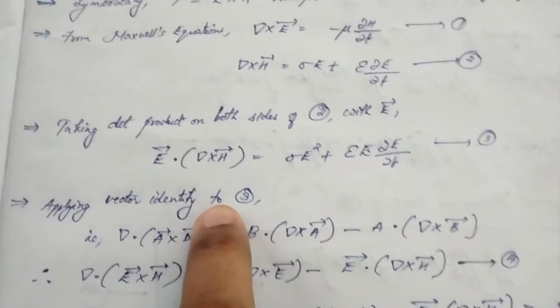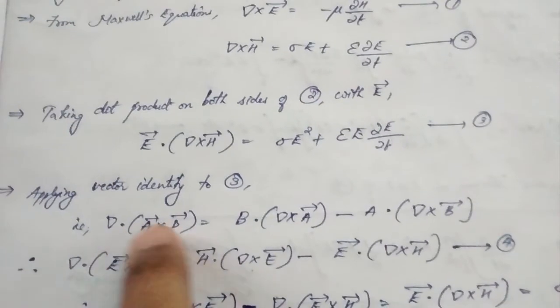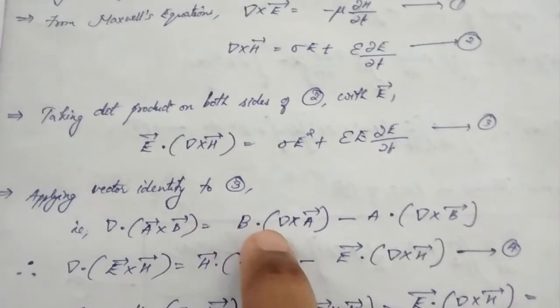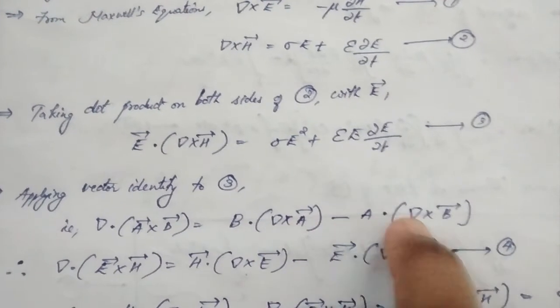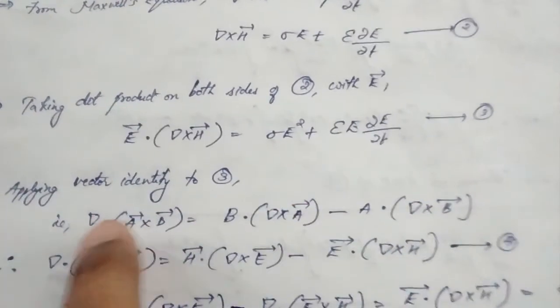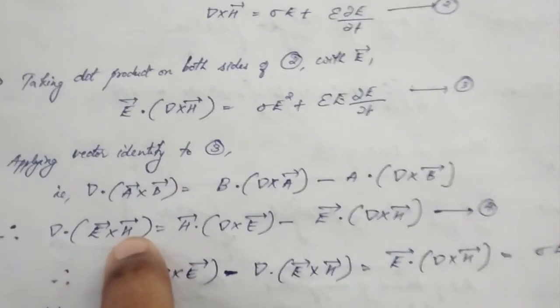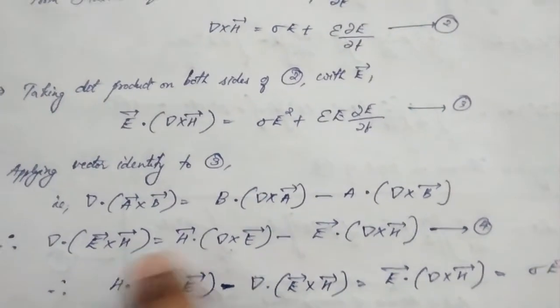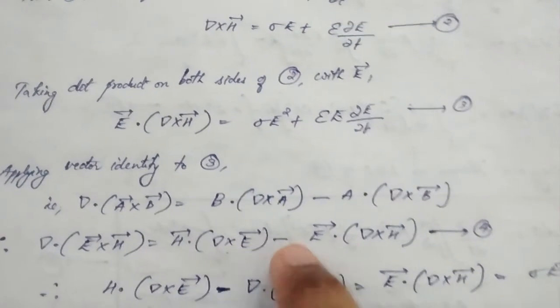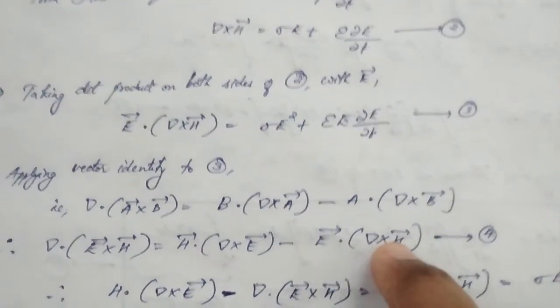Which vector identity are we going to apply? Del dot A cross B is equal to B dot del cross A minus A dot del cross B. Here vector A is vector E and vector B is vector H. So del dot E cross H is equal to H dot del cross E minus E dot del cross H.